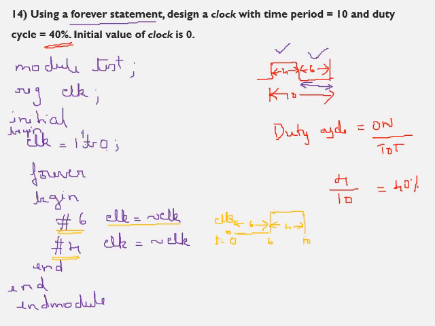So again this is forever. So again it will be off for 6 and on for 4. That is, this will be 20. Total time period is 10. Okay. So this is how we generate the clock with the 40% duty cycle.